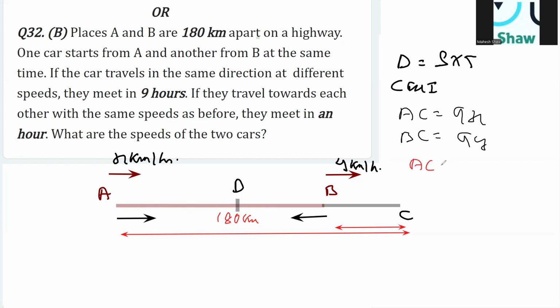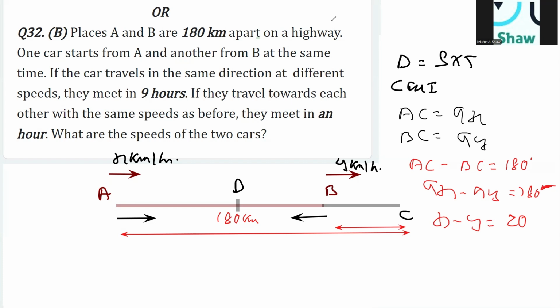That if I subtract, that is AC minus BC, as per the figure it is 180. So we obtain one equation, that is 9x minus 9y is equal to 180. You can simplify it further by taking 9 common and dividing on the other side. It's going to be 20. So we obtain one relation between x and y.